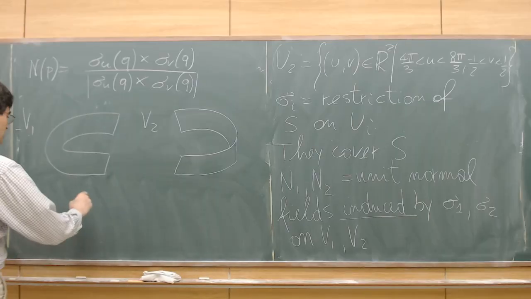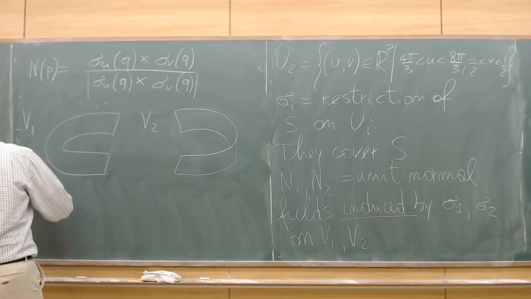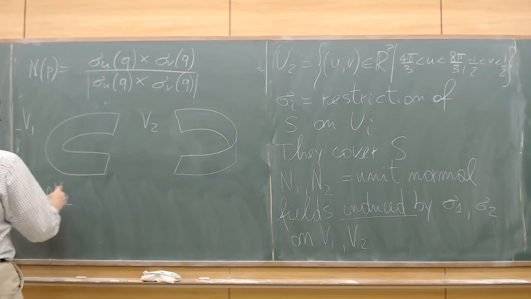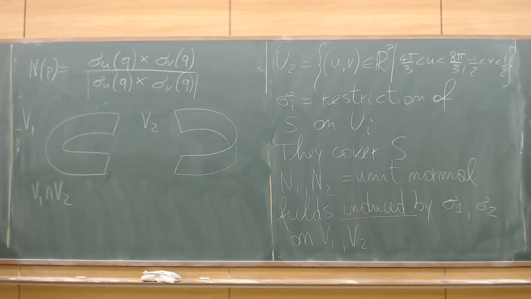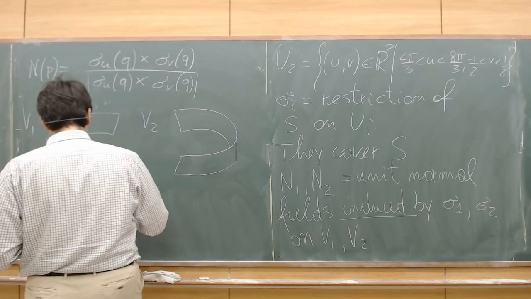Instead, the intersection V1 intersected V2 looks like this.